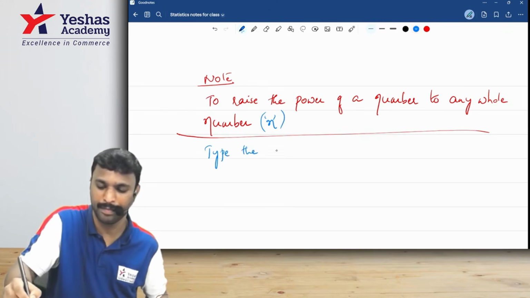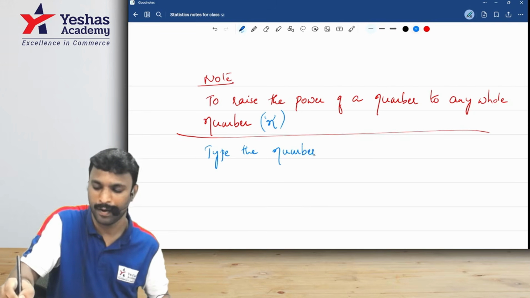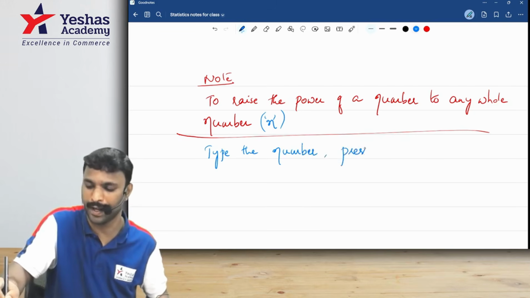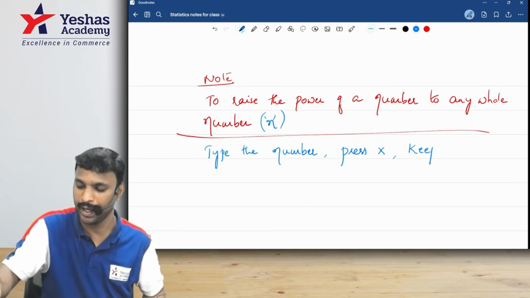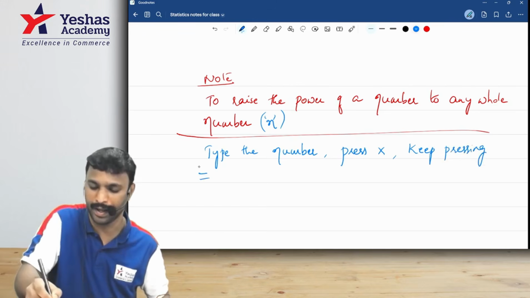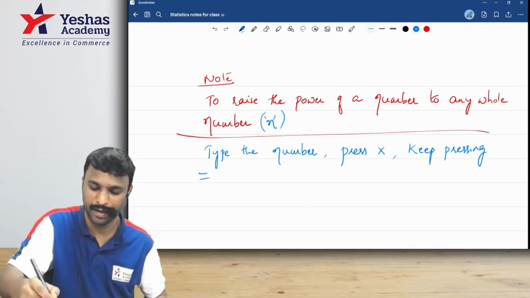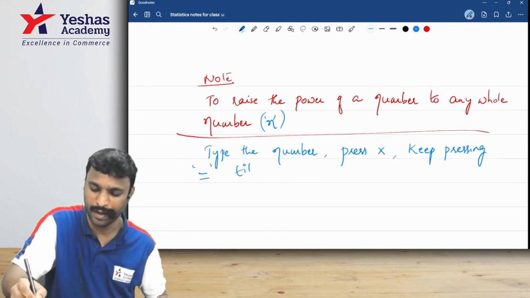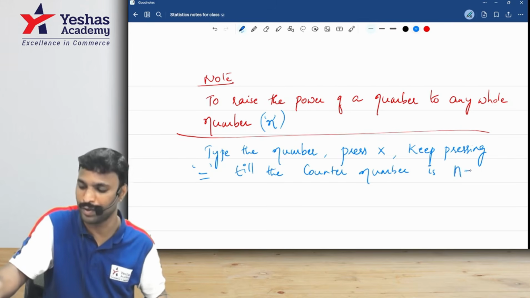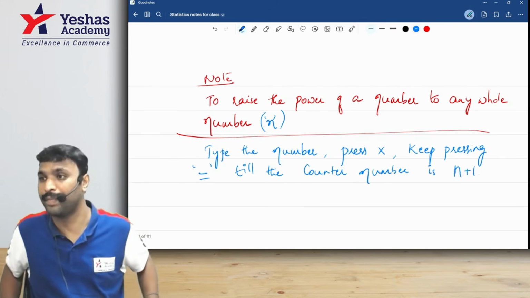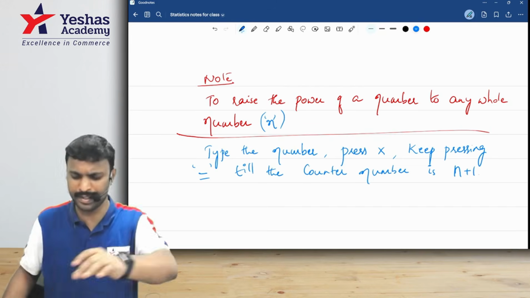Type the number, press into, keep pressing equal till the counter number is n plus 1, I'm sorry, counter number is n plus 1. I'll explain this in detail.